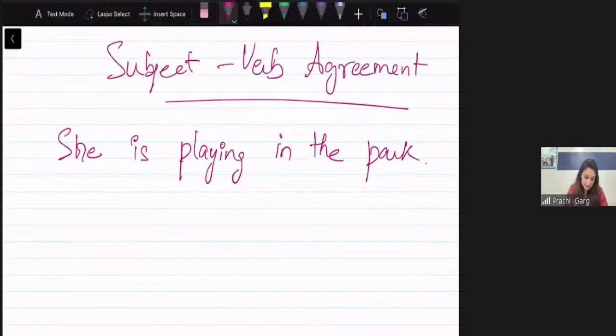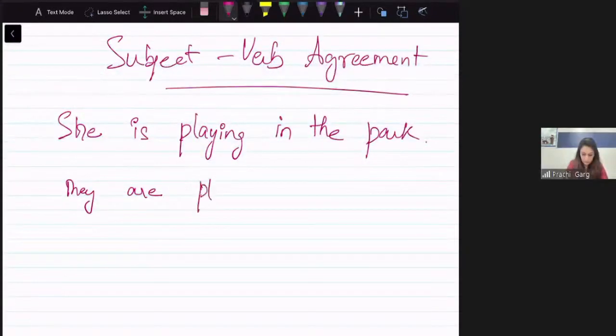The next sentence is: they are playing in the park.